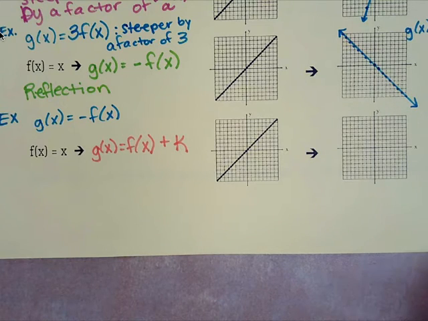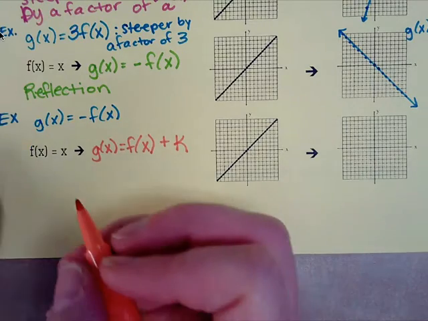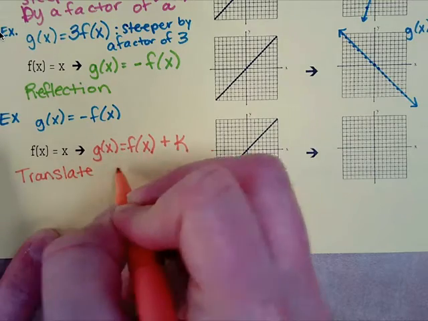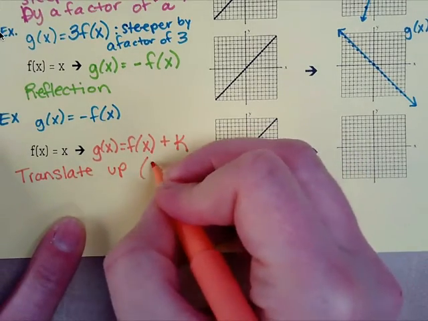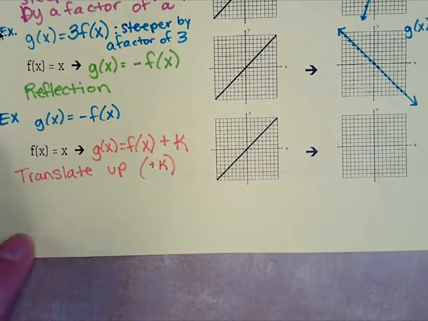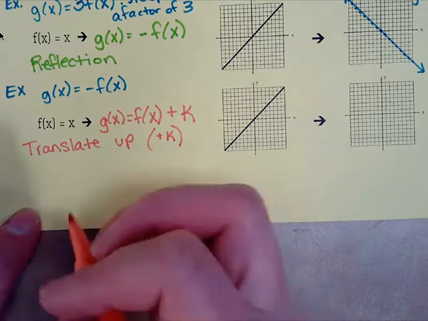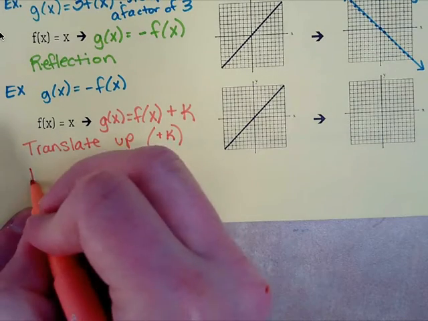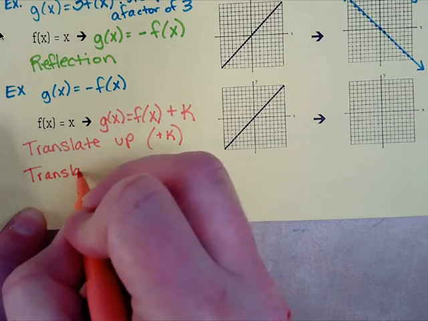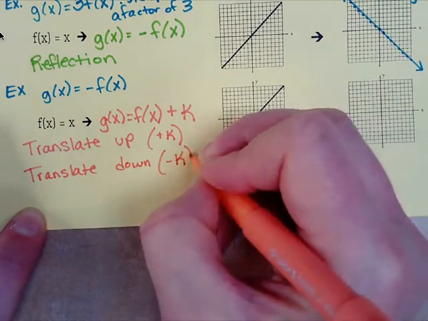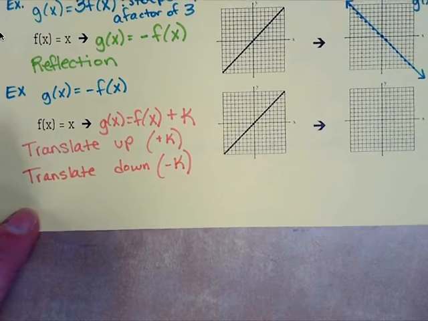And you can also do minus k. If I do plus k, the line's going to move up. If I do minus k, the line's going to be down. So let's write that. Translate up if it's a positive k. Translate down if it's a negative k.